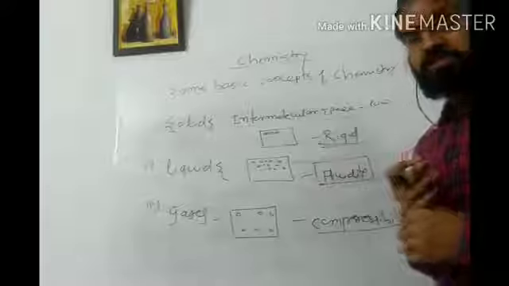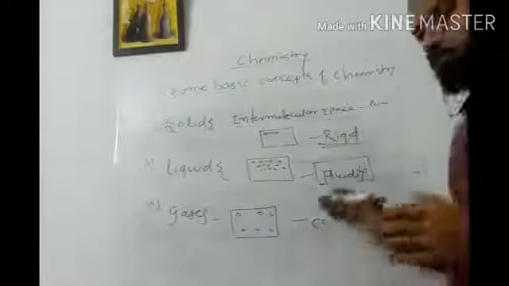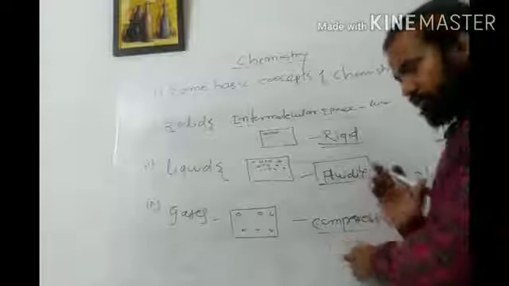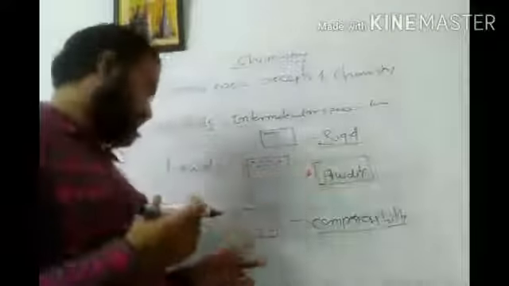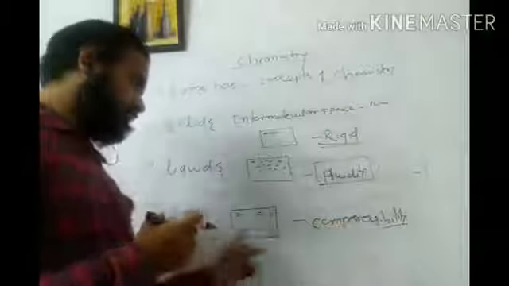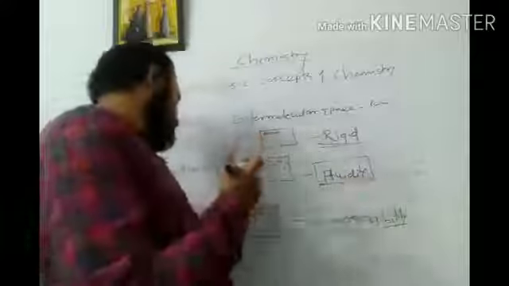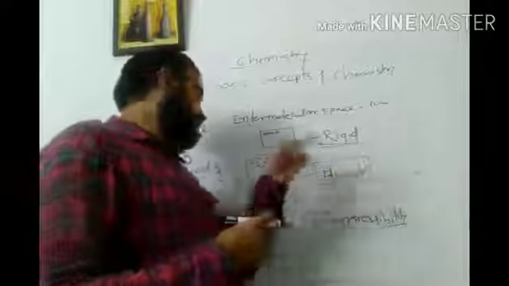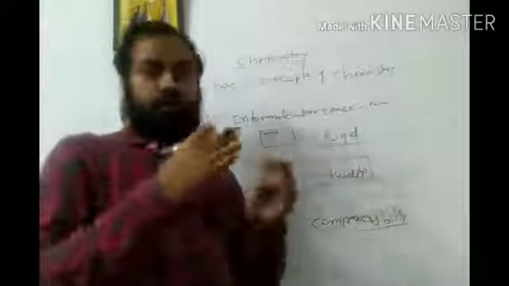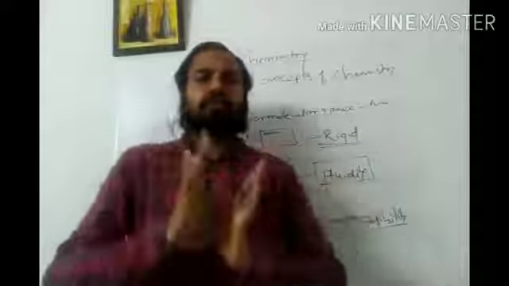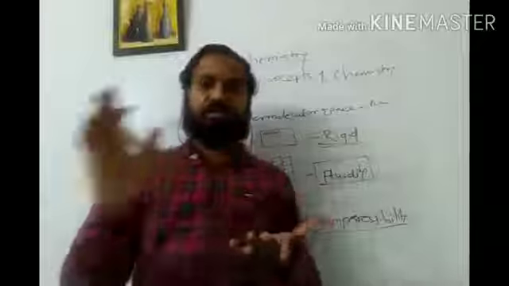When we apply pressure, the volume changes, and while changing the volume, the temperature rises. So in gases, compressibility is most important; in liquids, fluidity is important; in solids, rigidity is most important. In this way we have seen the physical as well as chemical classification of matter.